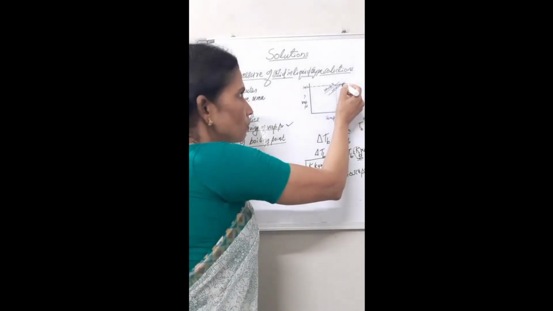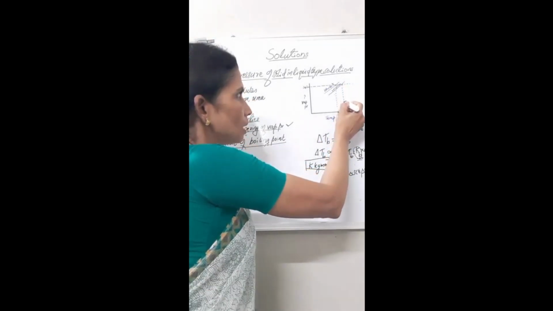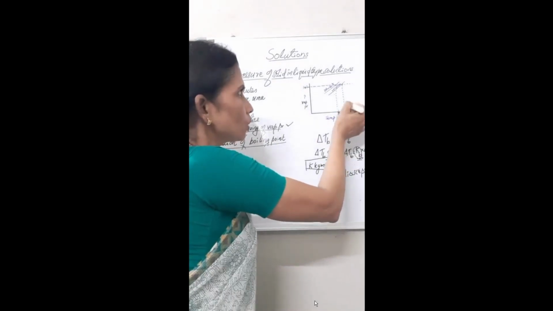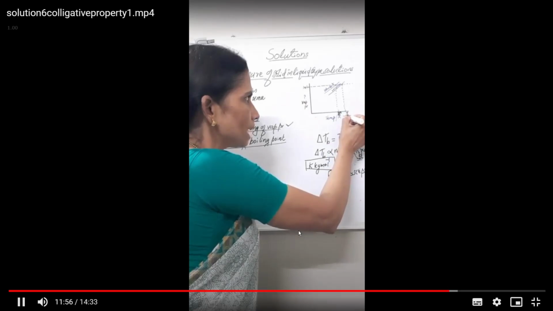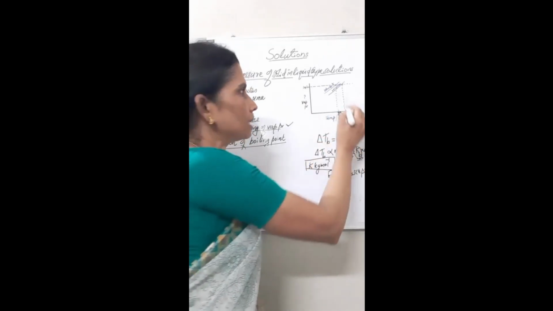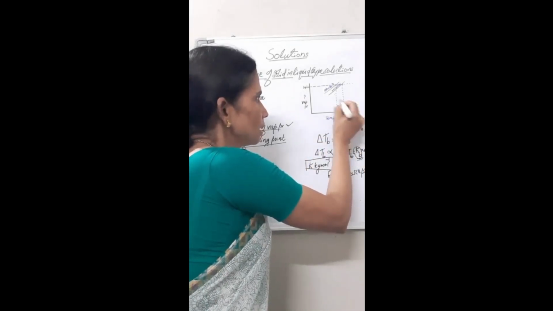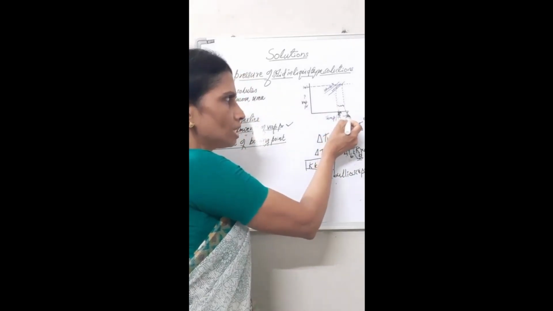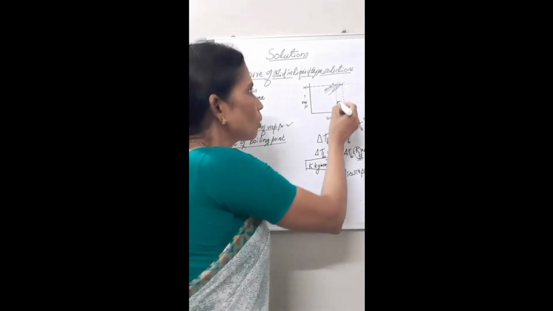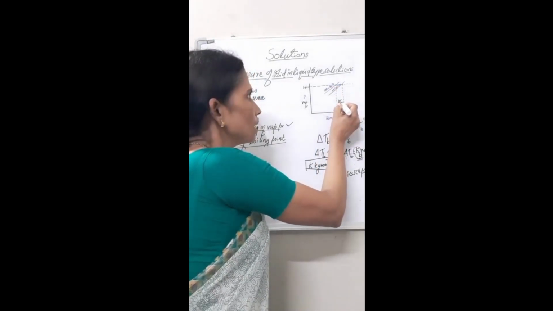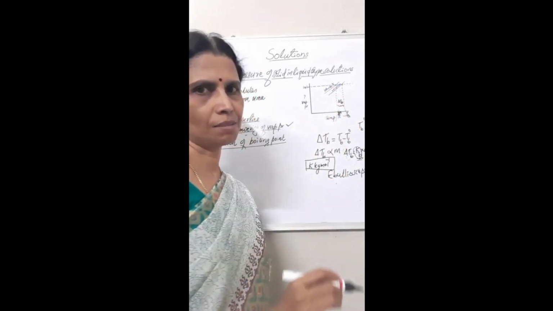In the same way for the solution, the vapor pressure becomes equal to 1 atmosphere at a higher temperature, which we represent as TB. And this difference between the boiling point of the solution and the pure solvent is called elevation of boiling point, delta TB.